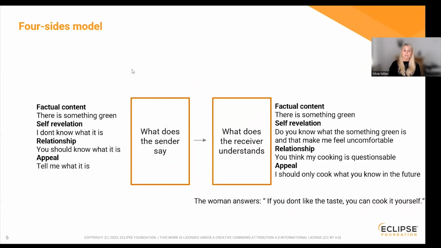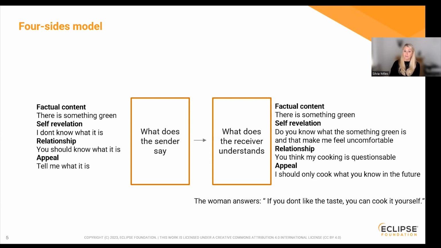So what does that mean on the sender and receiver side and the four sides of communication? On the factual content, it's actually the same on both sides. There's something green, and on the receiver side, he receives there's something green. On self-revelation, the sender says, "I don't know what it is." And the receiver understands, "Do you know what the something green is? And that makes me feel uncomfortable."